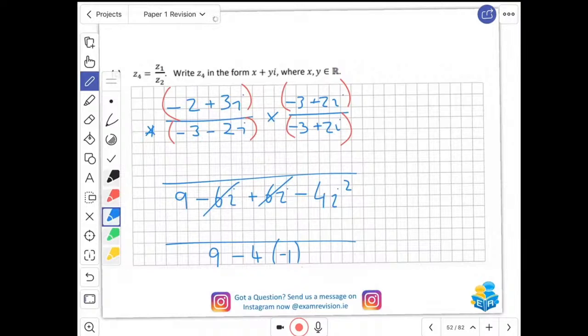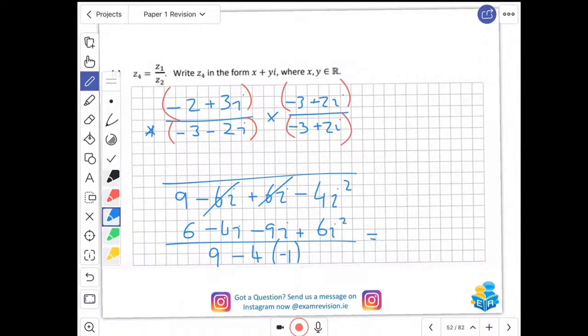Okay, and then look on the top, let me just do it out now since I've started. That's going to give me 6 minus 4i minus 9i plus 6i squared.